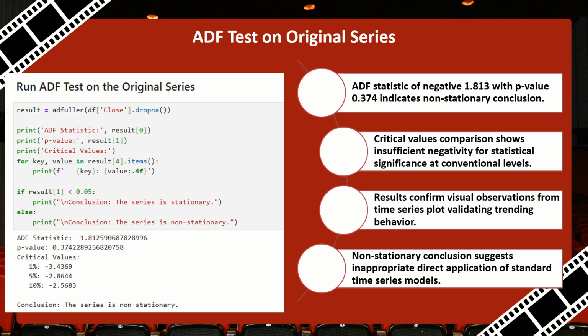These numerical results confirm our visual observations from the time series plot, validating the trending behavior we observed. The non-stationary conclusion suggests that direct application of standard time series models would be inappropriate and potentially misleading for forecasting purposes.